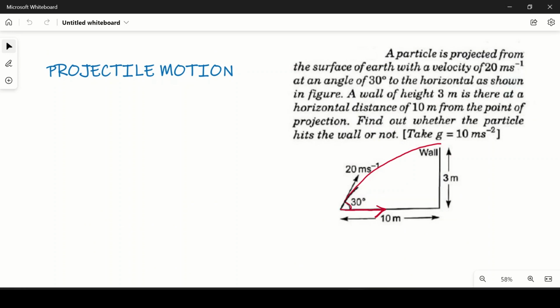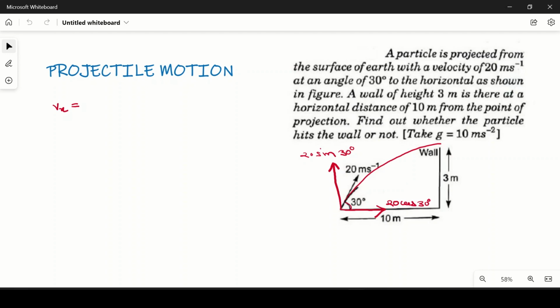So we can find the horizontal and vertical components of this 20 meter per second. It will be 20 cos theta, theta is 30 degree, and 20 sine theta, which will be 20 sine 30. So Vx, velocity in x direction, or horizontal component, is 20 cos 30.